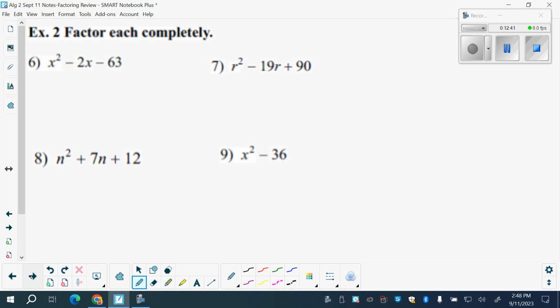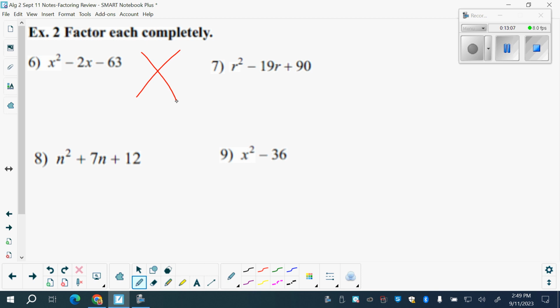Okay, so number 6. Can we take out a greatest common factor on that one? No. So when we have an x squared, an x and a number like that, we can use what's called the x to factor. So it is like a couple of those examples that we did.